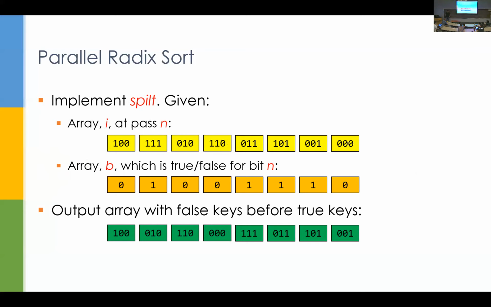Like a stream compaction, except we're not compacting it, we're just computing the Boolean array. So we are saying if the least significant bit is 0, you write a 0. If the least significant bit is 1, you write a 1. So Boolean array, B. Then the output array with the false keys before the true keys. So this is where we are going to do the parallelism, okay?